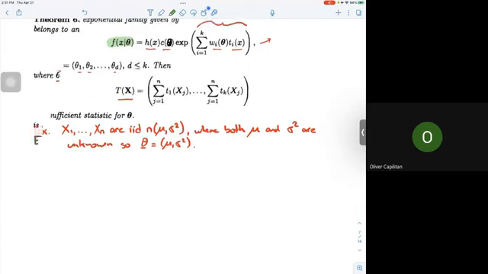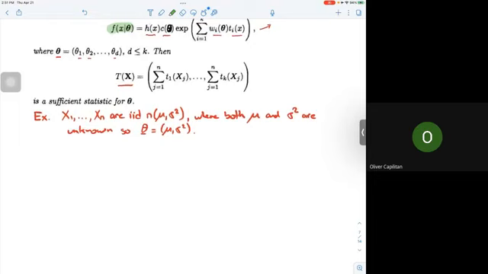So kung normally distributed siya, ano yung kanyang PDF? So this is now our parameter. Pwede natin specify ganun.